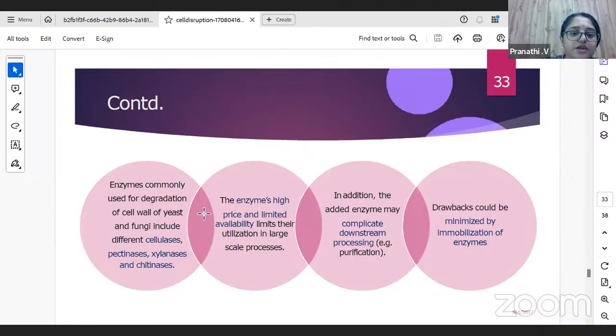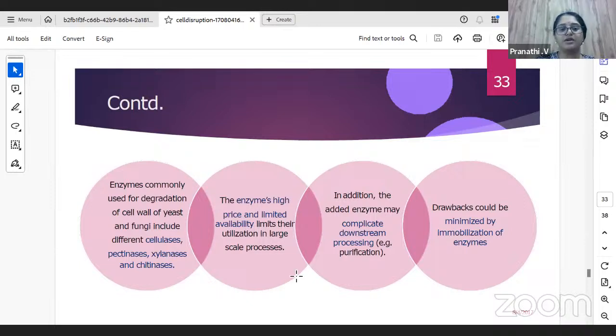Enzymes are usually used, such as cellulases, pectinases, xylanases, and chitinases. Based on what product you're looking at, you can use these enzymes. But for it, you need to use purified enzymes, so it is again going to be expensive. And the amount of enzyme that is available for you to use for the product to be obtained is also limited.